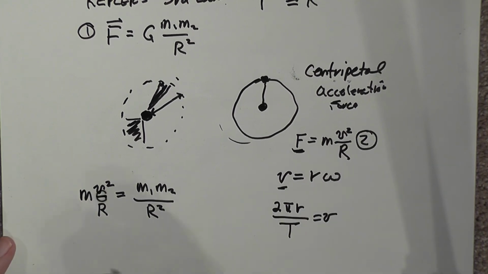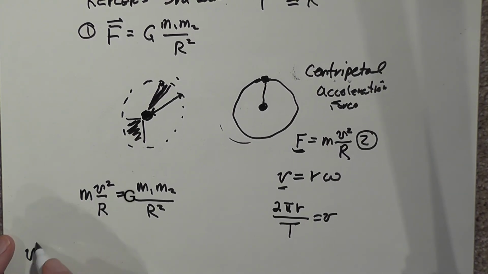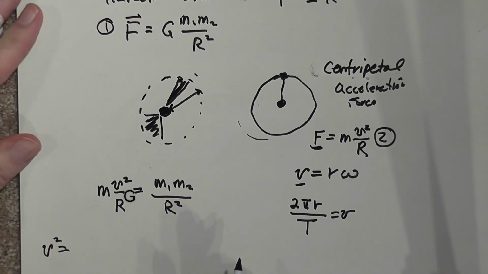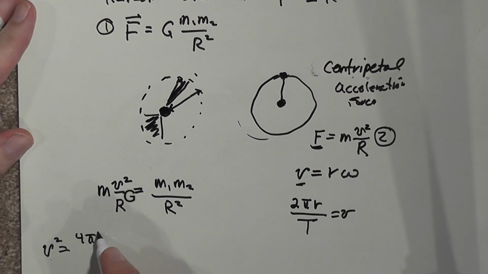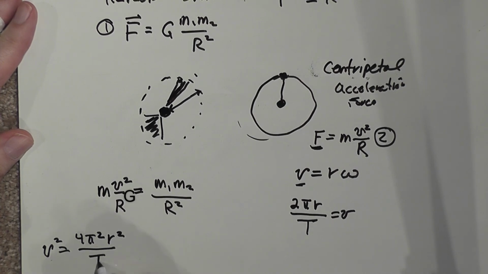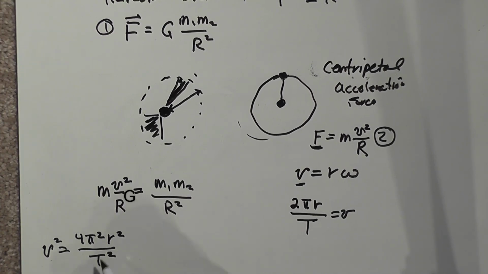Well, we have v squared is equal to 4 pi squared r squared divided by T squared. And so we're going to insert this equation right there. So let's do that.